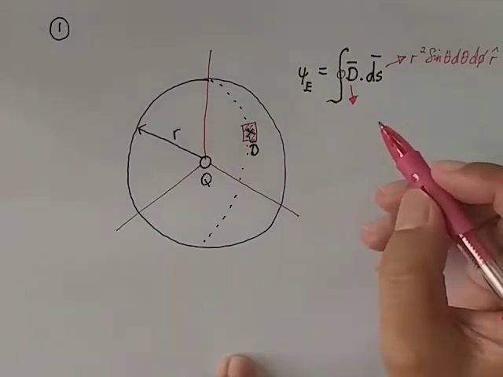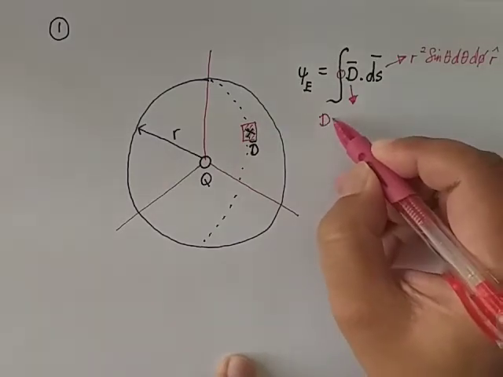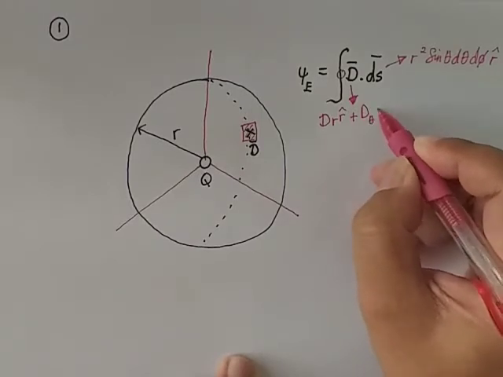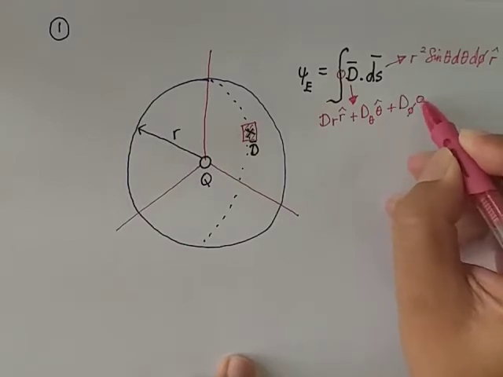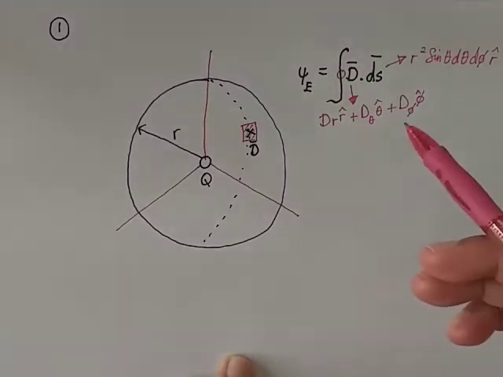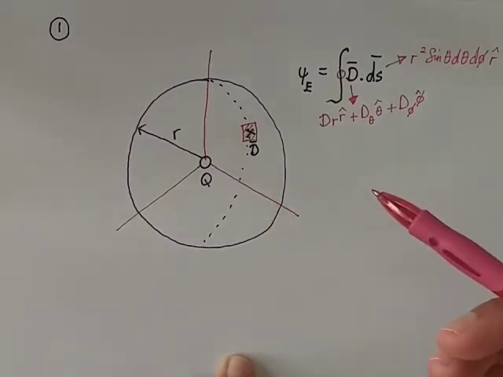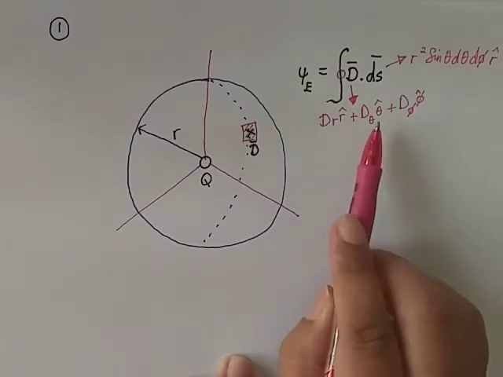I'm going to substitute with the general representation by saying the D, let's say, consists of R component as well as theta component and as well as the phi component. Because while I'm doing this, I do not know which of these 3 components is going to be my final solution. I'm just giving a general guess. But why I'm using this particular equation, because we already agreed the coordinate system that we are using for this problem is spherical. So spherical should be represented with R component, theta component, and phi component.